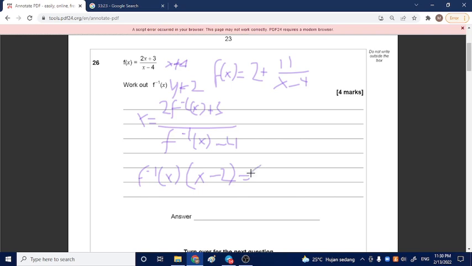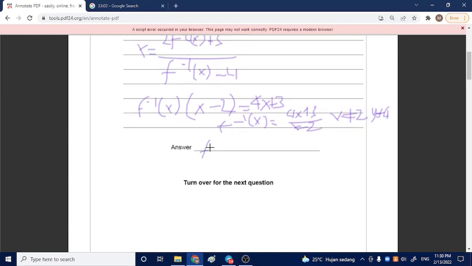I know I'm skipping some steps, but I do not mind. So f inverse of x is 4x plus 3 over x minus 2. Here the domain is not 2, range is not 4. So the answer is this.